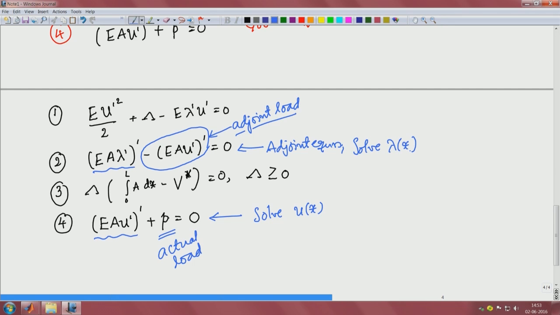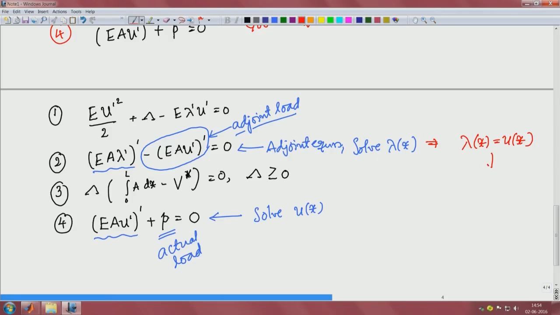In fact, here it is obvious to see, because we have two terms E a lambda prime prime minus E a u prime prime, that immediately tells us that in this particular case lambda of x is equal to u of x. So, the axial displacement u of x is equal to lambda of x, which is the Lagrange multiplier function.